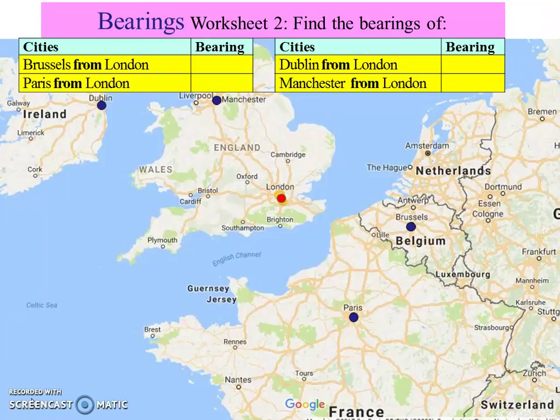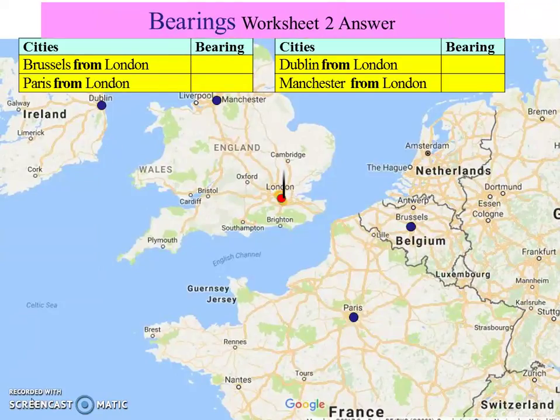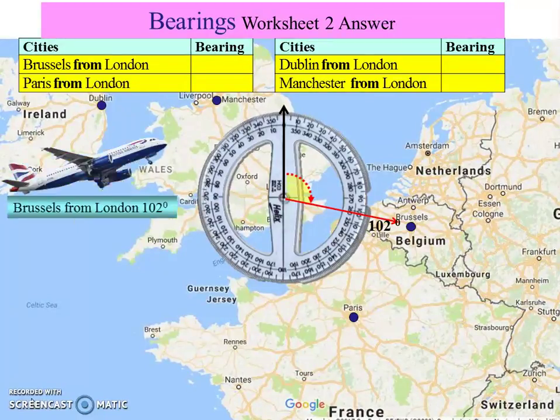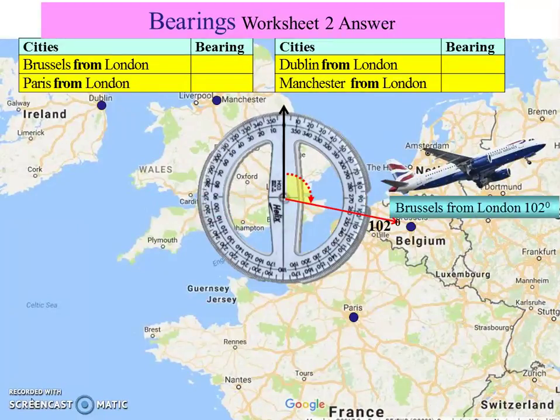Now, the second worksheet, we want to find the bearings of Brussels from London, Paris from London, Dublin from London, and Manchester from London. So let's see, we draw a north line at London. We use a protractor and we measure the angle, it is 102 degrees.